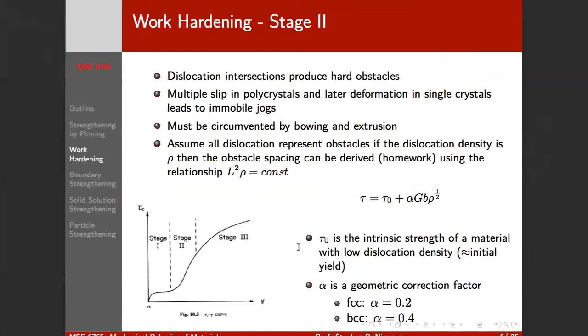The lattice friction plus any, say, grain size effects, right? How likely we are to hit obstacles other than other dislocations. Right? So in a single phase alloy, tau naught is basically just a function of the lattice friction.